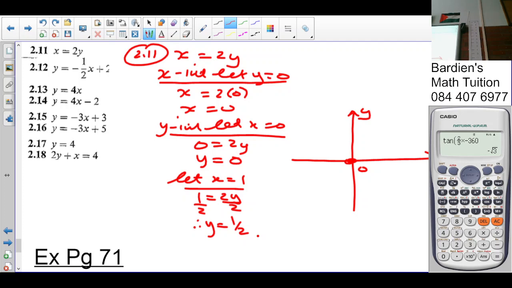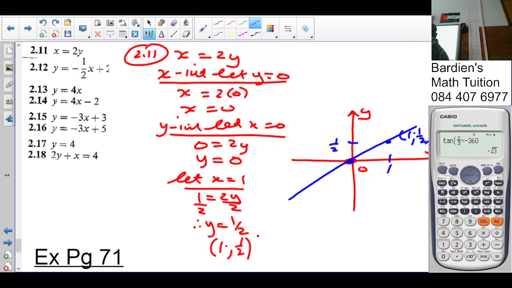So what is the coordinate here? It's 1 and a half. So it must go through 0 and 0, but if x is 1, by approximation, y is a half. Can you see that, people? So the graph is going through like that. You see me using a ruler?